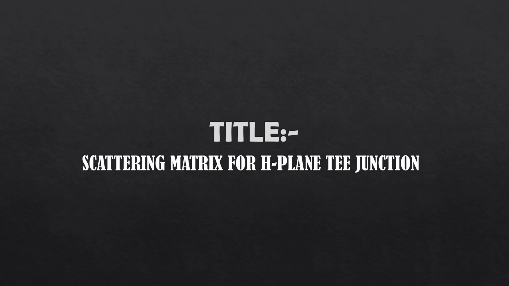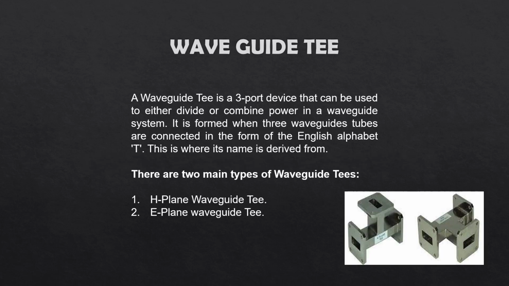Before going through this particular topic, let us see what is meant by waveguide T. A waveguide T is a three-port device that can be used to either divide or combine power in a waveguide system. It is formed when three waveguide tubes are connected in the form of the English alphabet T. This is where its name is derived from.